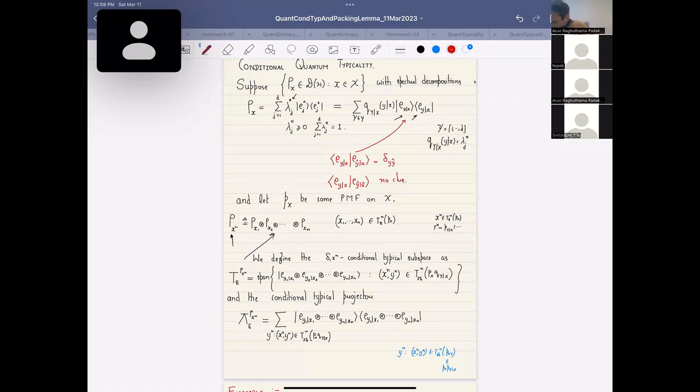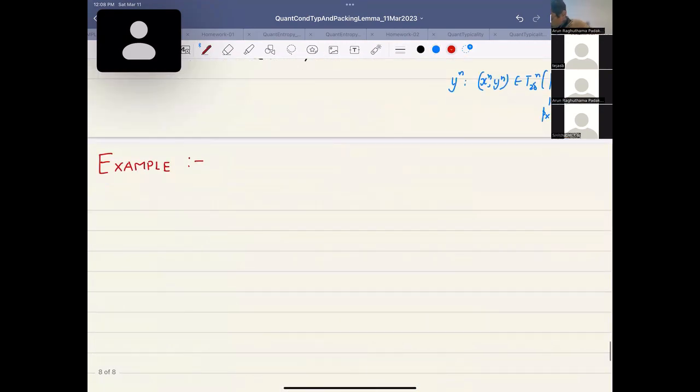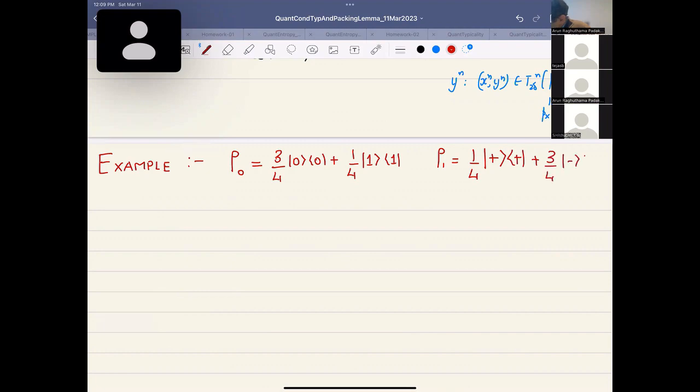Okay, let me go to the example. So let's just take 2 density operators. I'll start with exactly what we did previously. So rho 0 is say 3 by 4 |0><0| plus 1 by 4 |1><1|. Rho 1 is say 1 by 4 plus plus 3 by 4 minus.